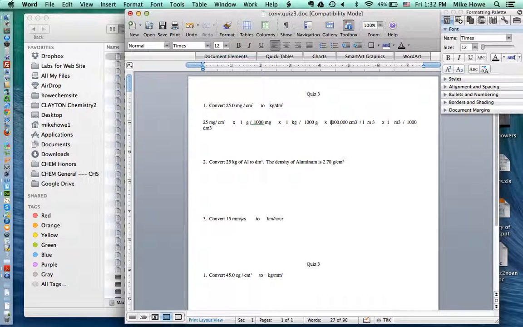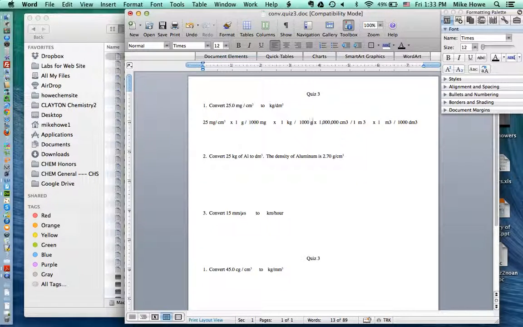Go ahead and put my commas in, kind of clean this up a little bit. Looking for places to take out spaces so I can move my unit. There we go. All right, and then if we wanted to even further clean up our notation, we could make these cubes superscripts like they should be. And there you have the setup for problem 1.